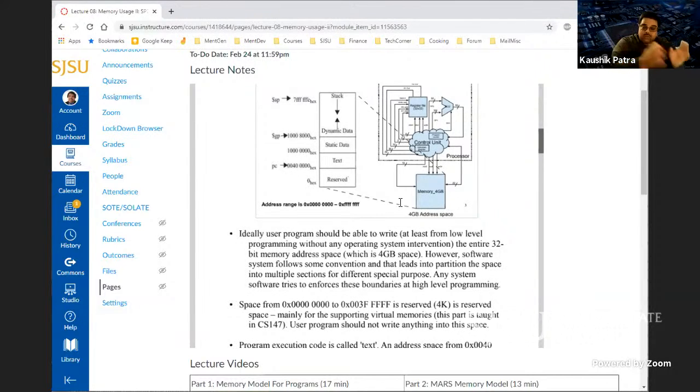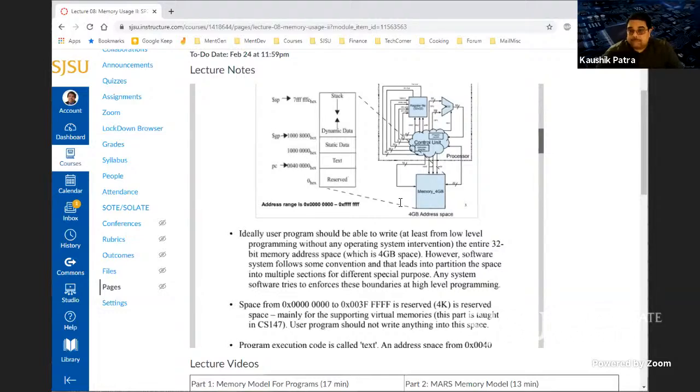At the very low level hardware electronics level, one can write anywhere in the memory. This sectional assumption comes from the software world, that they have an agreement. Software programmers, operating systems, all of them have an agreement that, hey, we will use this part of the memory for this specific purpose, or that part of the memory for that specific purpose. That is completely a software convention. So we need to learn what those conventions are.